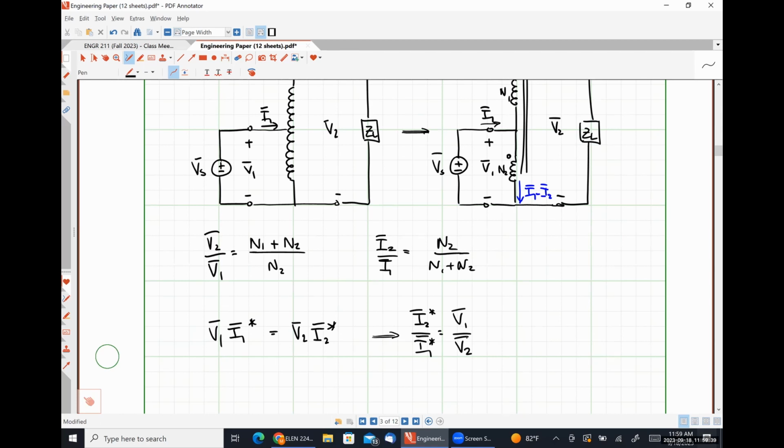Right, but even in an electrically isolated one, all of the flux generated by one coil, effectively all of it should be passing through the second coil as well, because you're going to use a ferromagnetic core to effectively guarantee that that's going to happen.